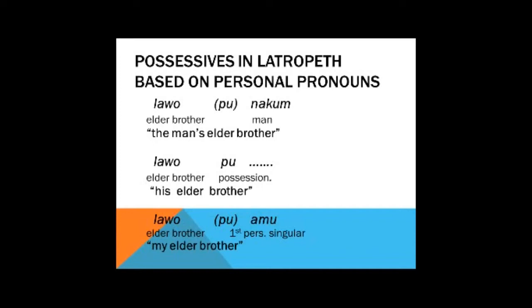So it's understood that it's a third person possessor, so you can translate it as his elder brother. It could actually only be his in this case, because the term lawo is only used by males. Females would use a different term. Then at the bottom, you've got a phrase incorporating a personal pronoun form, amu, and of course indicating possession. So, lawo puwamu, my elder brother.